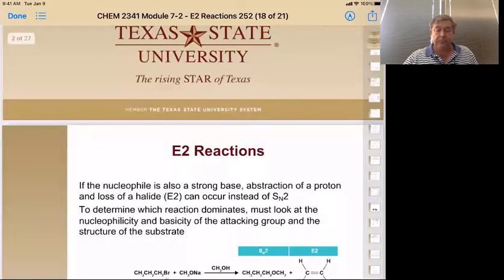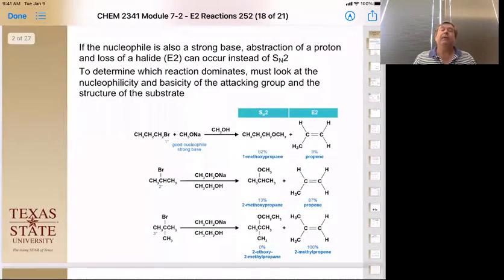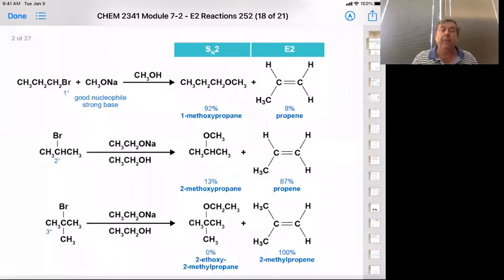So if the nucleophile is a strong base, instead of the substitution reaction, you can act as more of a base and less of a nucleophile and cause an elimination reaction, okay? But depending on how strong your base is, you can actually have competing reactions. So let's start out with something simple like methoxide right here.